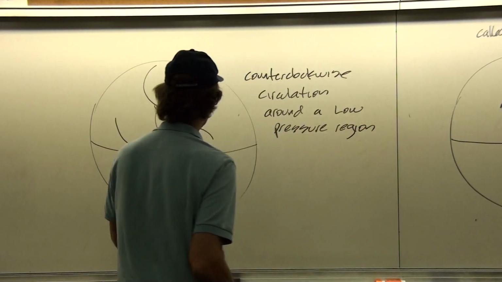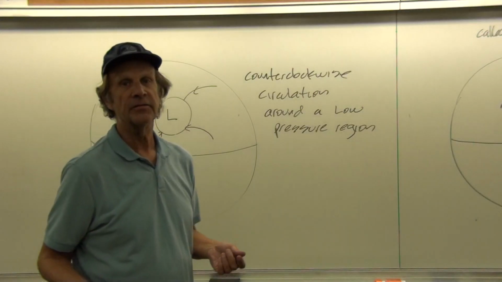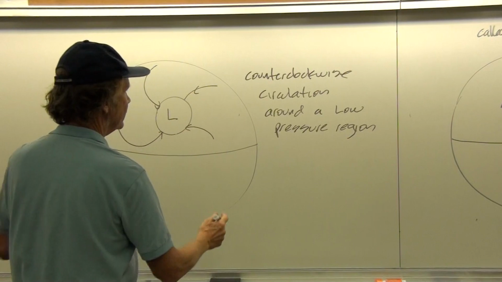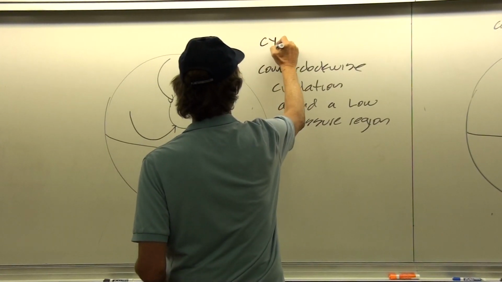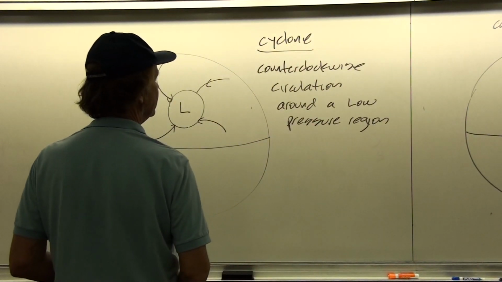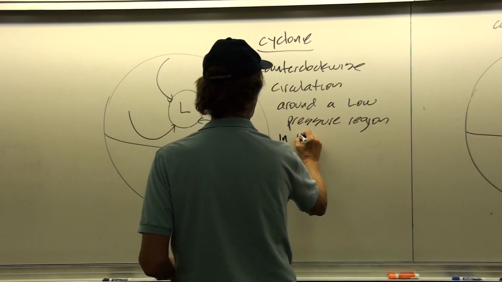So this low pressure region might just be the result of the air being cooler because of unequal heating of the Earth's surface. And so this then tends to be what we call a cyclone, which gives rise to much more intense winds. And this is the counterclockwise circulation in the northern hemisphere.